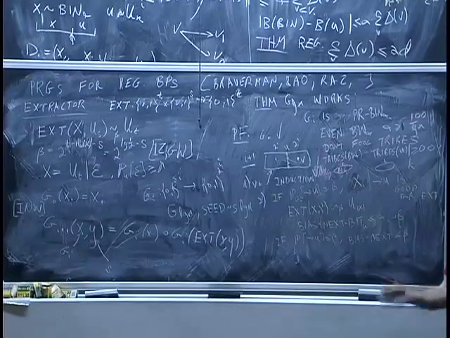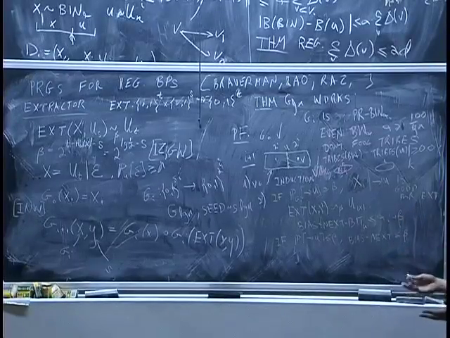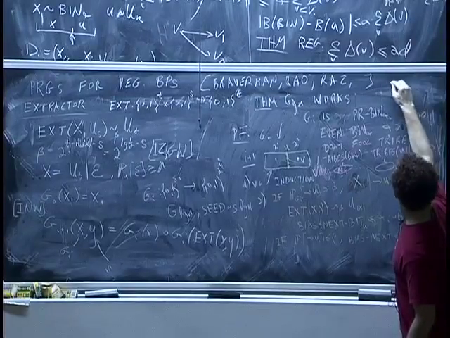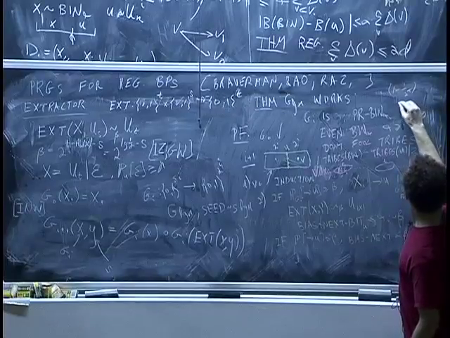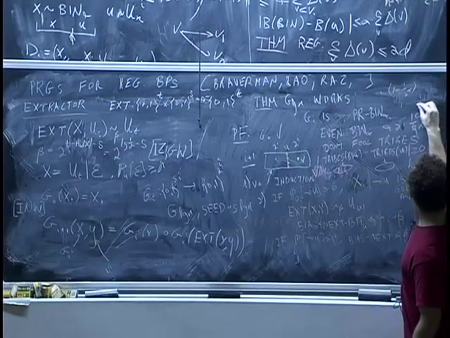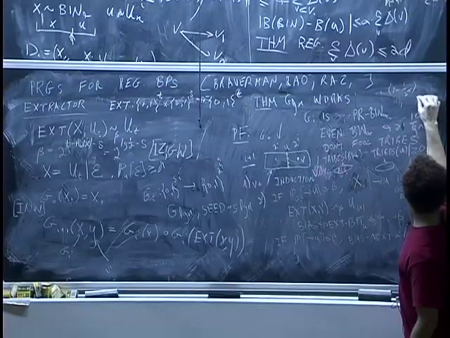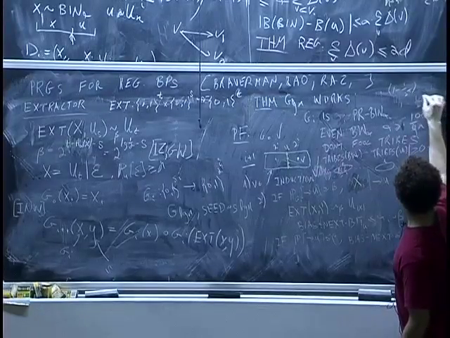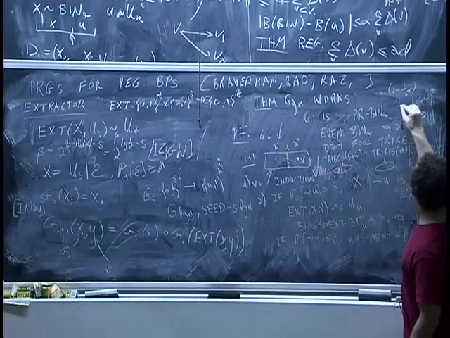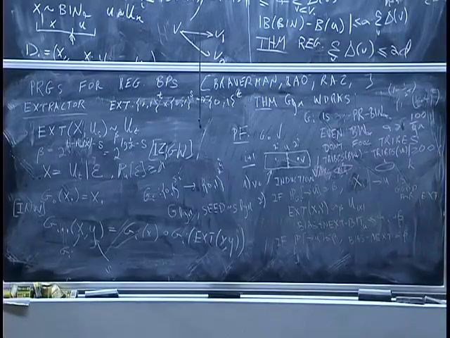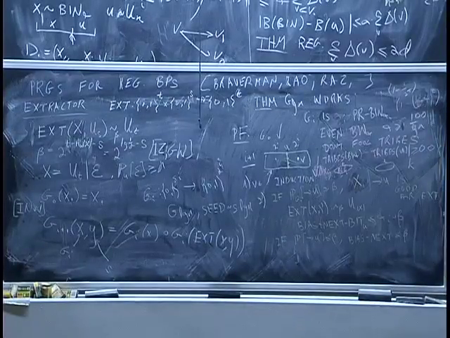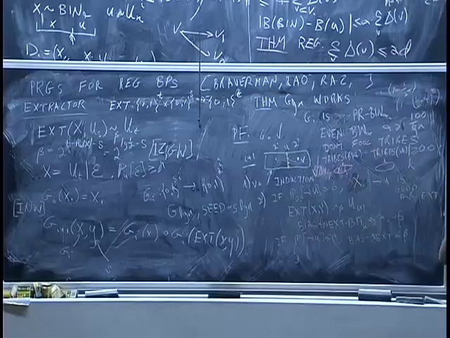So instead of 1/2 to the t, it becomes 1 minus (1/2 plus alpha) to the t. So this t is logarithmic, and if alpha is 1/log n, it changes it significantly.